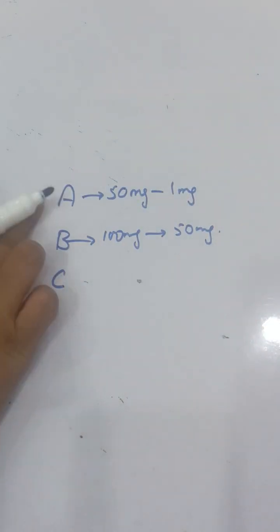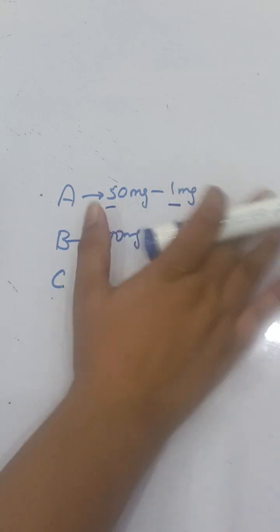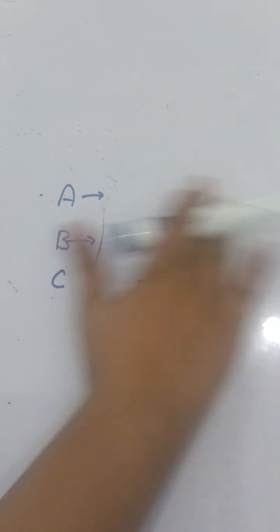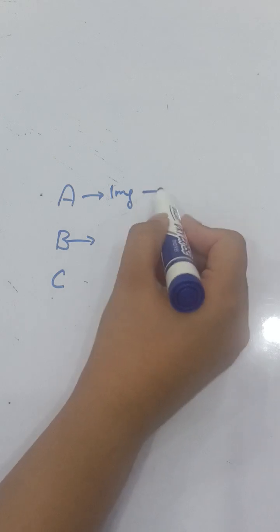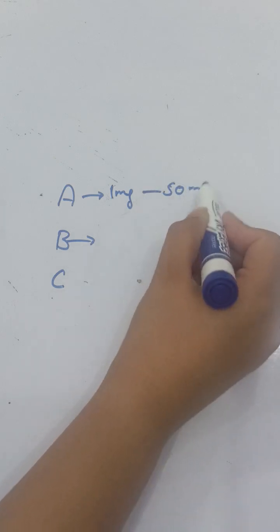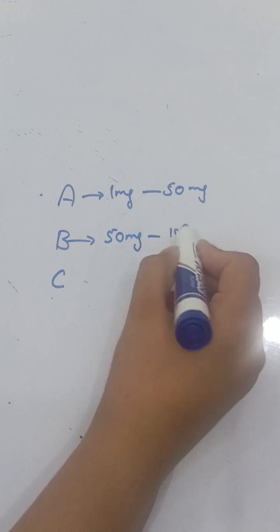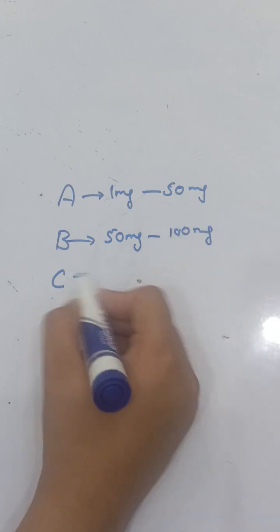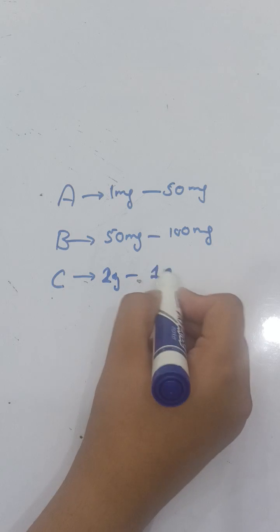So B is better than the A, because A measures from 1 to 50. So I think we should write it from 1 mg, the smallest weight, to the largest weight. And the C can measure from 1 gram to 2 grams.